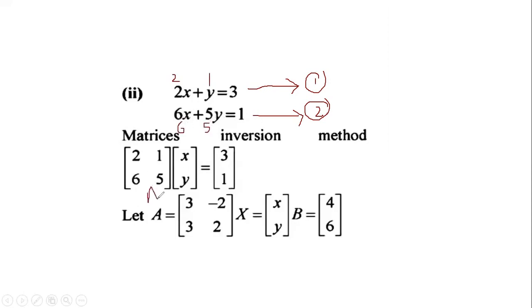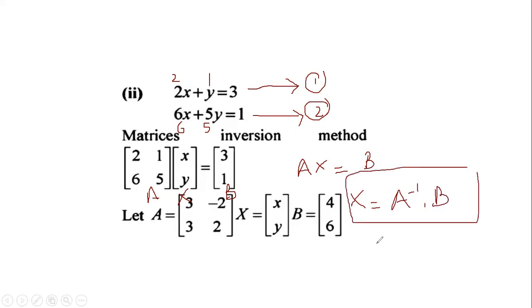This is matrix A. Now x and y are the variables, equal to X, and this equals B. So AX equals to B, and X equals to A inverse of B. Okay, so A inverse must be adjoint of A divided by determinant of A, then multiplied by B.